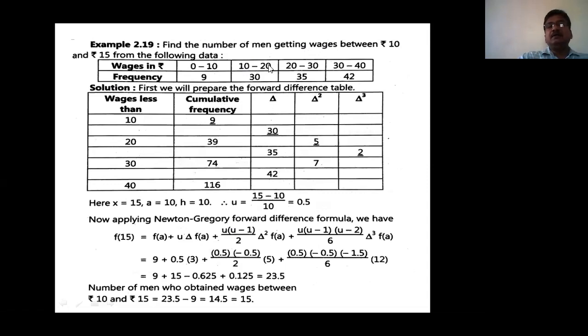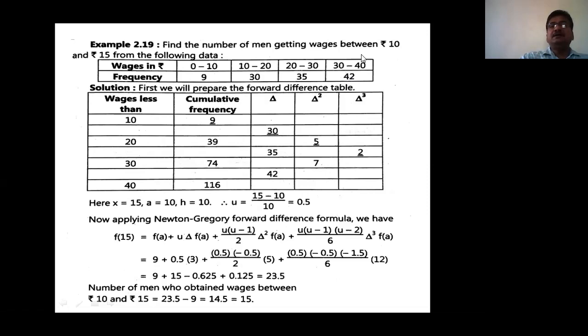Then 10 to 20, the number is 30. Then 20 to 30, 35. And then 30 to 40 is 42, that is, the number of men getting wages between rupees 30 and 40 is 42.